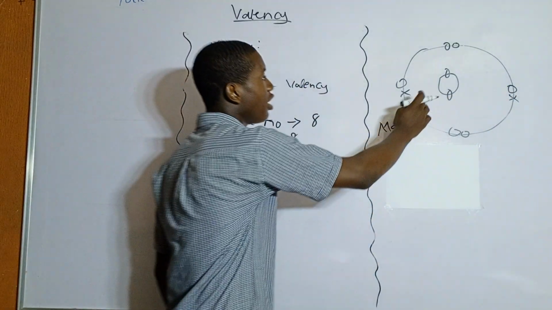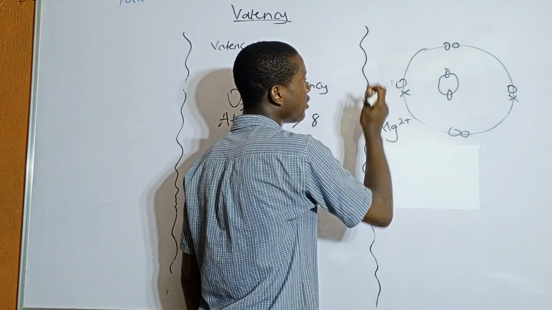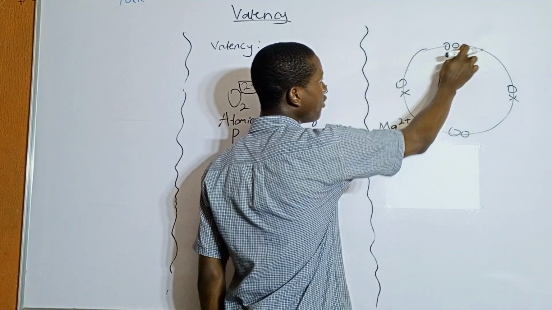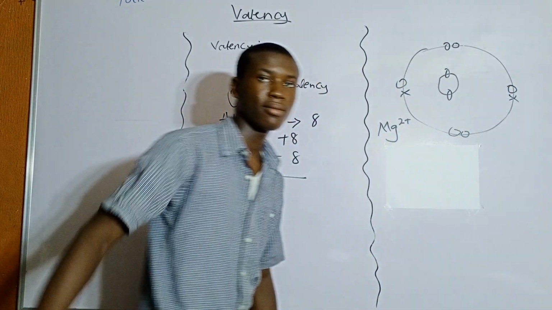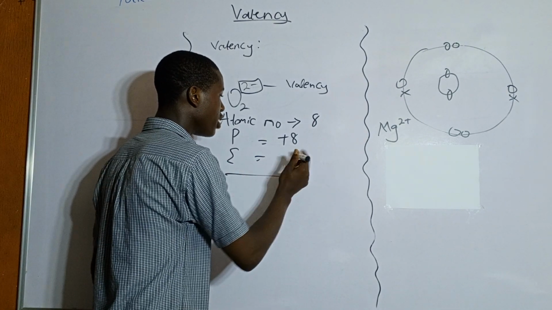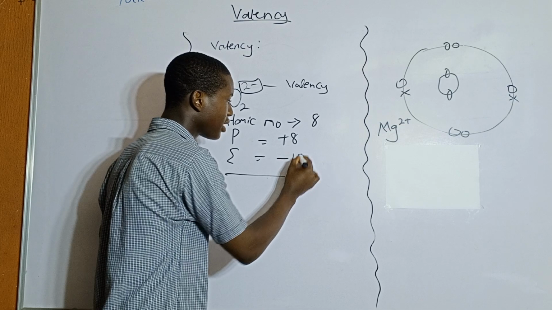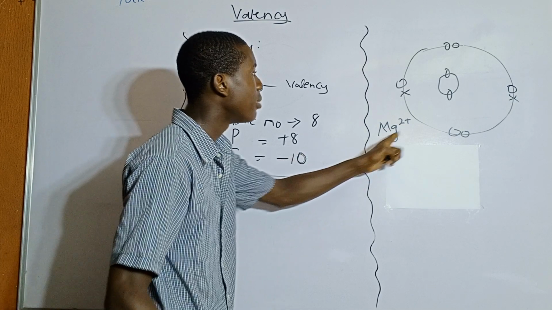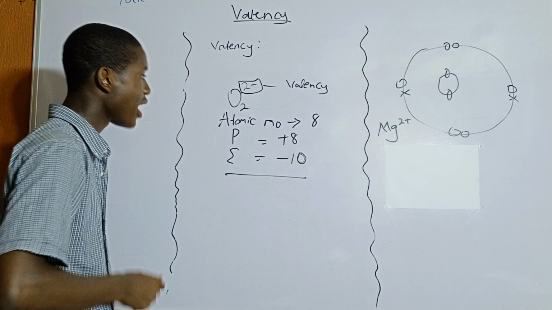Therefore, if you calculate the number of electrons in oxygen, we will have 1, 2, 3, 4, 5, 6, 7, 8, 9, 10. Therefore, now the electron number in oxygen will be negative 10, because magnesium has given it its electrons, right?